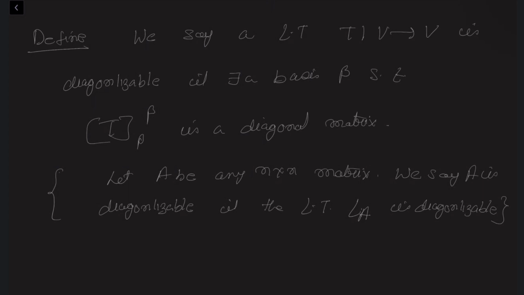Okay, so the first definition is in terms of the linear transformation, and the second is in terms of the matrix. They both represent the same thing; only the way of writing or depicting it is different. So we say that any matrix, n cross n, will be diagonalizable when the corresponding linear transformation is diagonalizable.